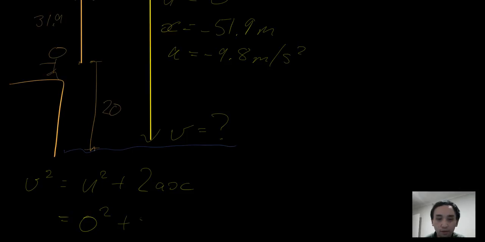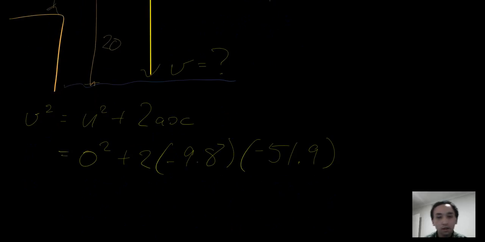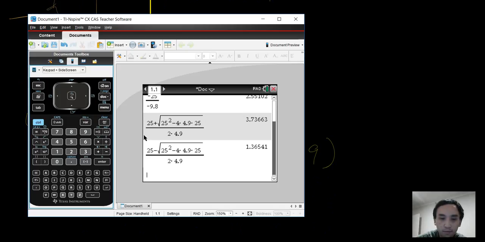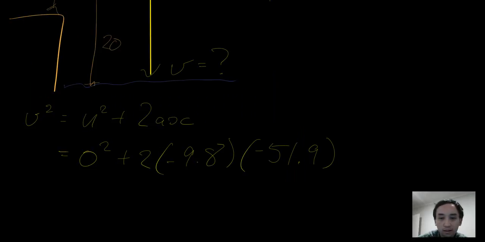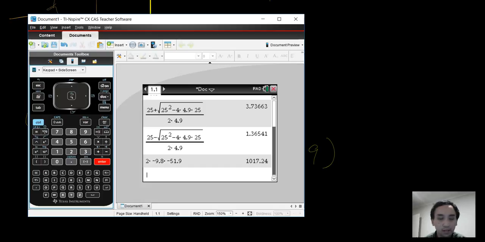So you have 2 multiplied by negative 9.8 multiplied by our downward displacement of negative 51.9. This gives us about, whoa, it's quite fast, isn't it? Let's quote that number again, 1017.24.